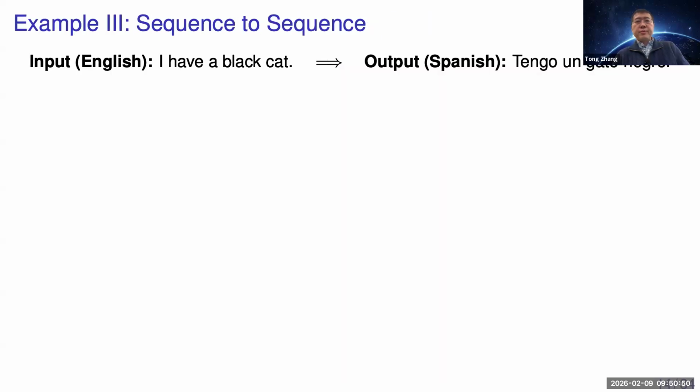So let's look at this example, so-called sequence to sequence. This is a well-known paper. Again, it's a conceptual paper. The paper itself doesn't really have a lot of new things there.